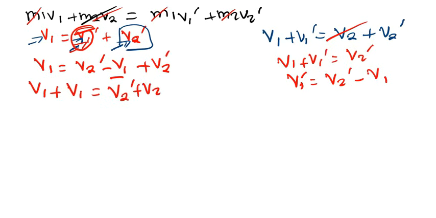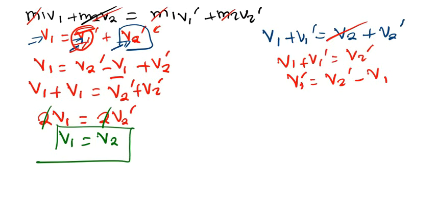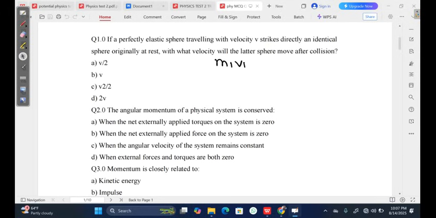These are the same velocity, so 2v1 is equal to 2v2 prime. The 2 and 2 cancel, and I remain with v1 is equal to v2 prime. What it means is that the velocity is just going to be equal to v. If I go back to my answers, the answer that is telling me v is option B.